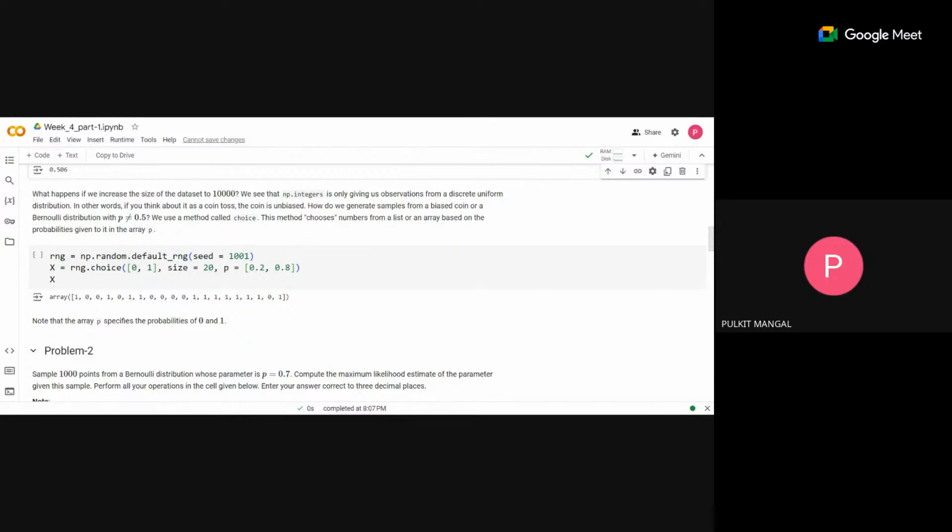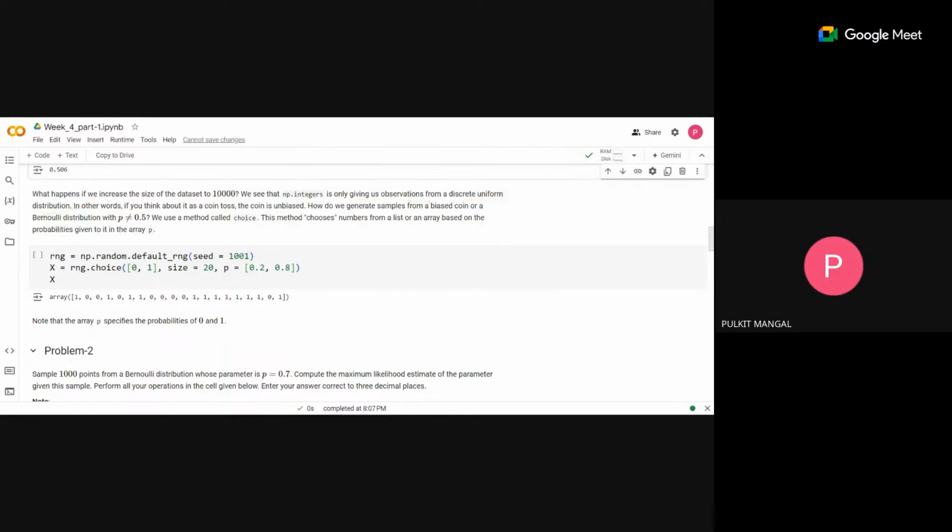Just one thing that it tells here: what happens if we increase the size of the data set? How many zeros are there? 1, 2, 3, 4. Okay, for 10,000, we see that np.integer is only giving us observations from a discrete uniform distribution.